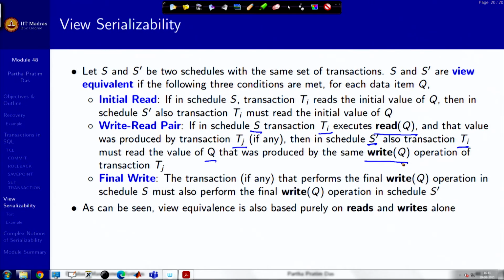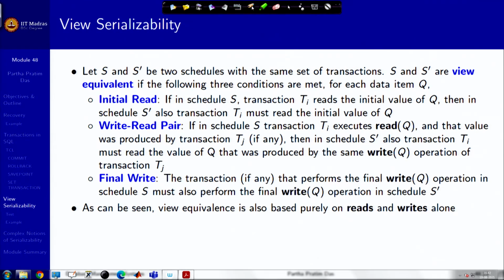T j wrote a variable by write Q, naturally in S and in S prime. If in S, T I read that value written by write Q in T j, in S prime also T I must read the value Q from that write. That is, in between there cannot be any other write. If that happens everywhere for every variable, we say the read write pair condition is satisfied.